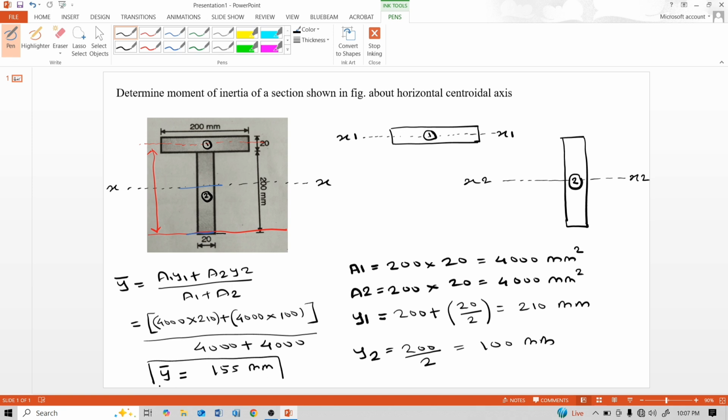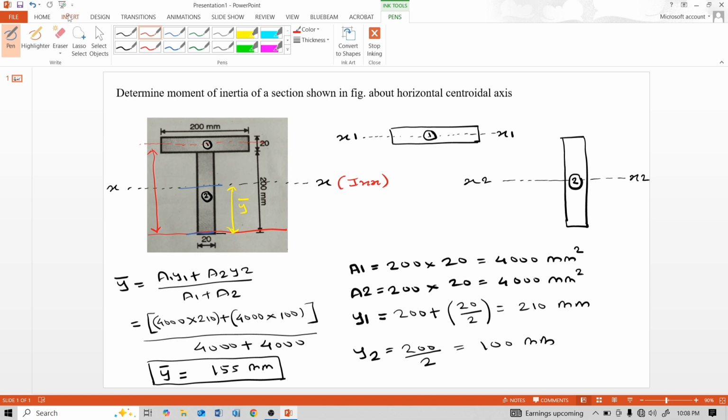That means this 155 mm is the distance from the bottom to this x-axis, y bar. Now we have to calculate the moment of inertia about the horizontal axis, that means Ix about the x-axis.